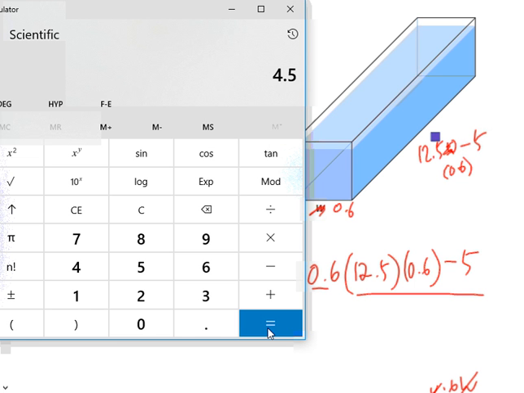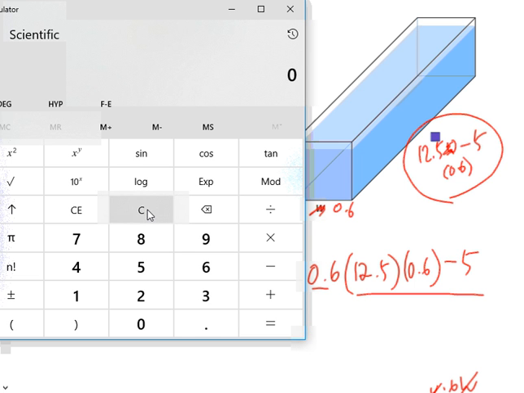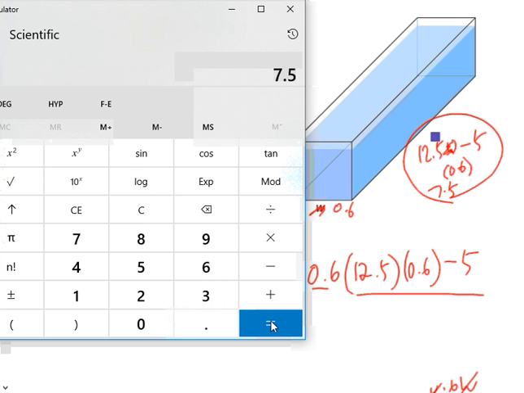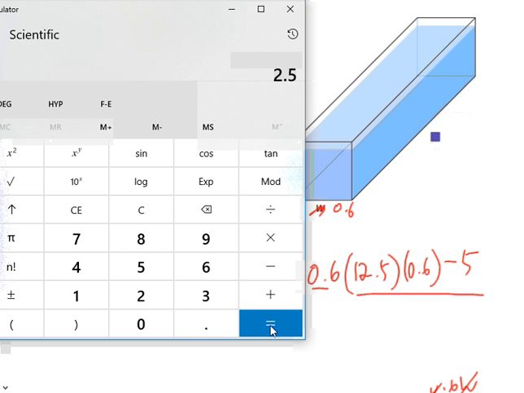Oh yeah, hold on, clear. So first I have to simplify this. 12.5 times 0.6 equals 7.5. And 7.5 take away 5 is going to be 2.5. So really, when I simplify the length of this tank, it will be 2.5 meters.